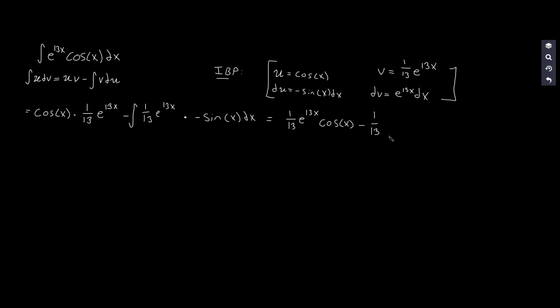Just going to factor out that 13 there. And honestly, I'm going to factor out that negative sign too, attached to the sine. And well, that's going to give us positive 13 times the integral of e raised to the power of 13x times sine of x.